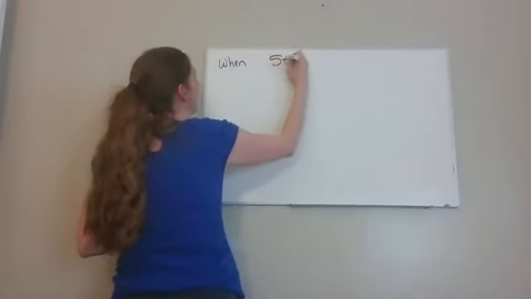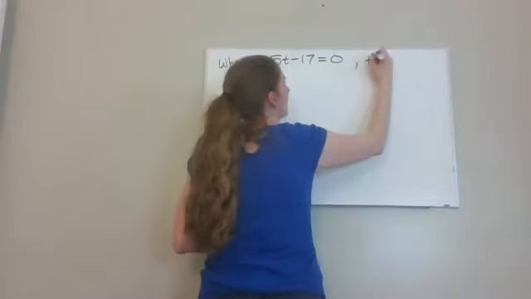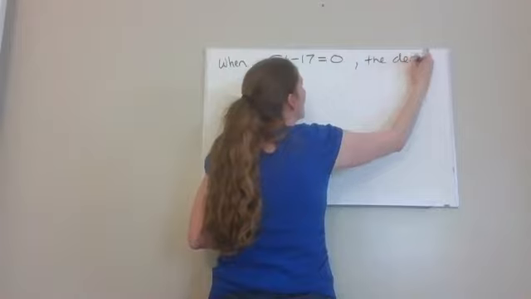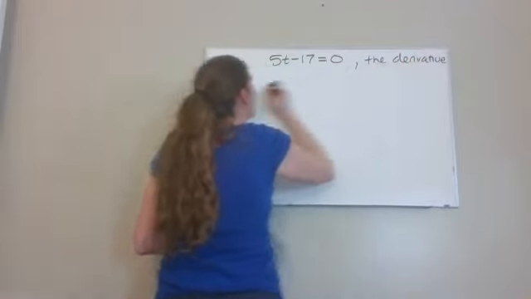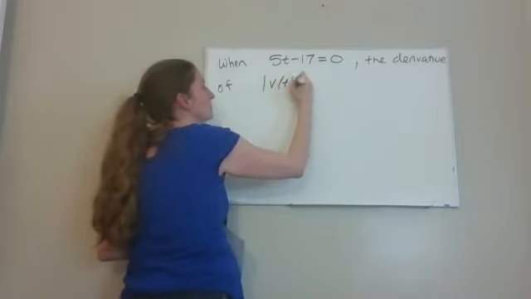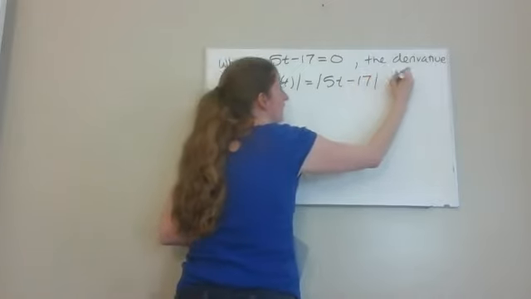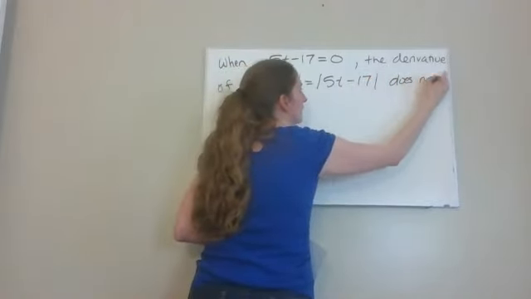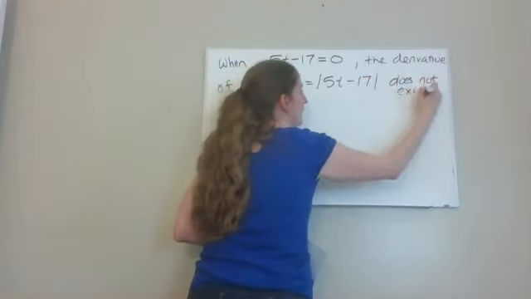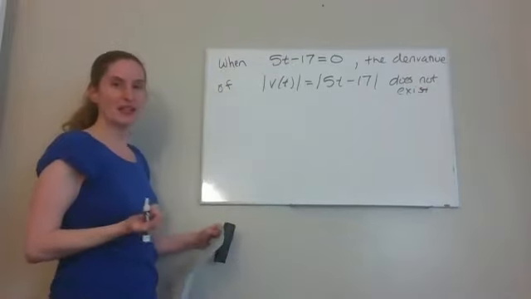So when 5t minus 17 equals 0, the derivative of our speed function does not exist, because that is where we have that corner. So when is 5t minus 17 equal to 0?